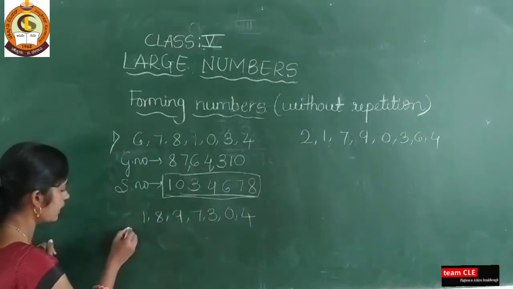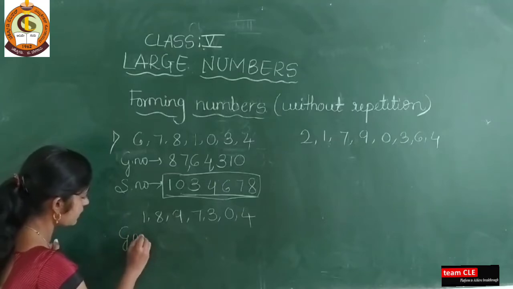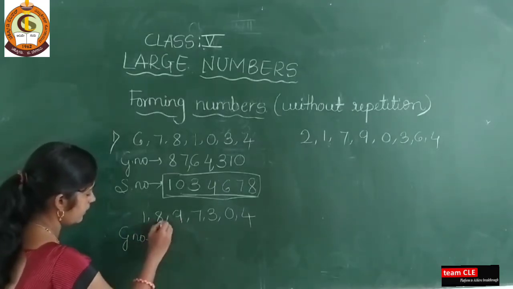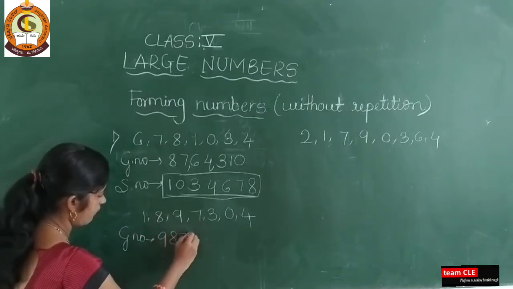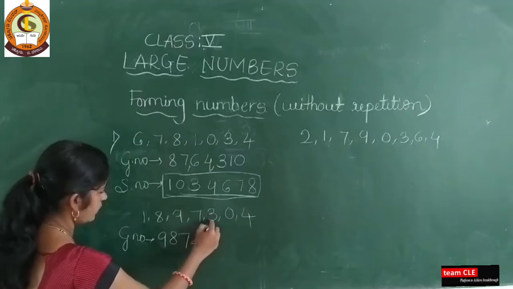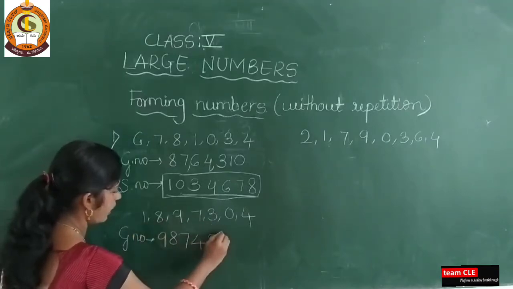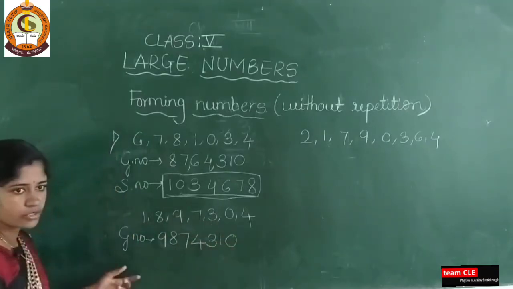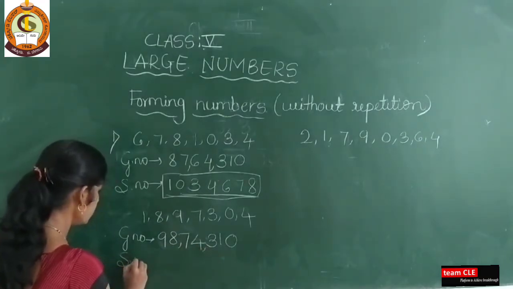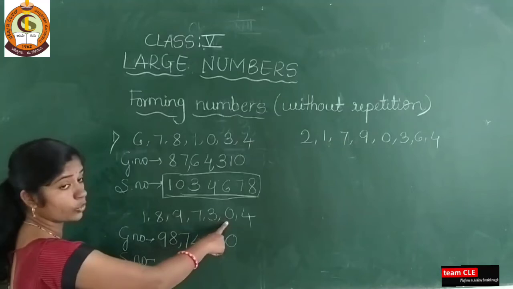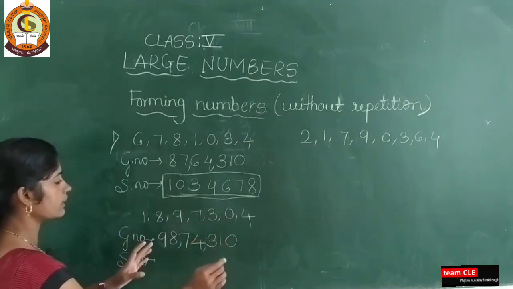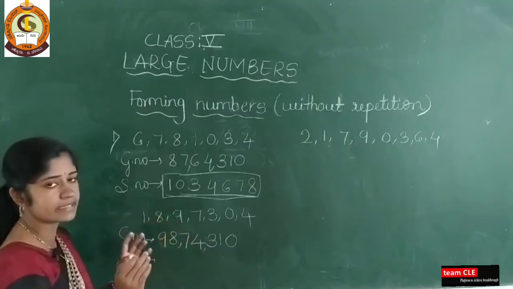Next, form the next greatest number. Start with the greater number: 9, 8, 7. After 9, 8, 7 which one is small here? 4, 3, next 1, 0. Okay, so this is the greatest number. Next the smallest number. See here 0 is there, but don't write 0 first. I told you just now why we are not writing it: because then a 6 digit number will form.